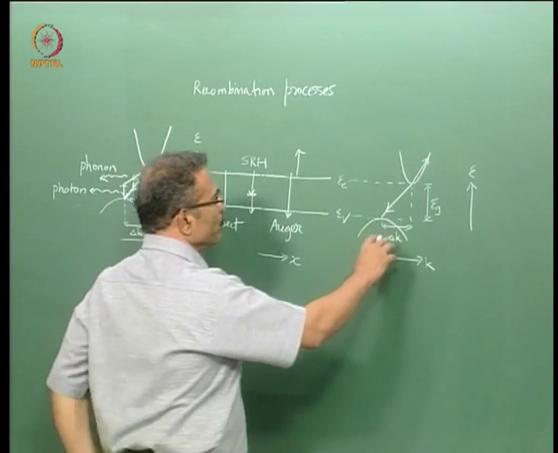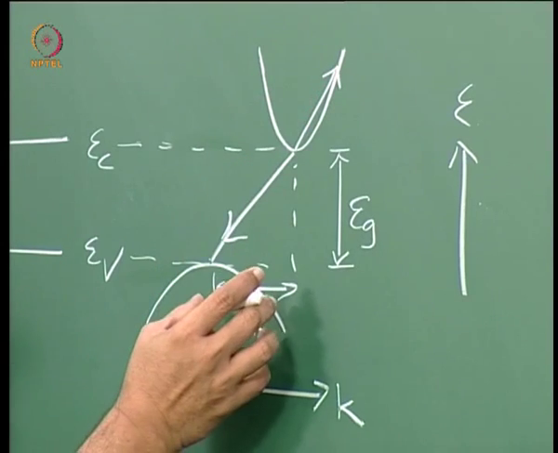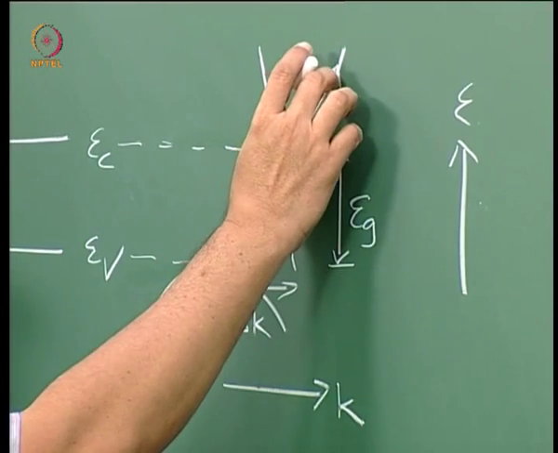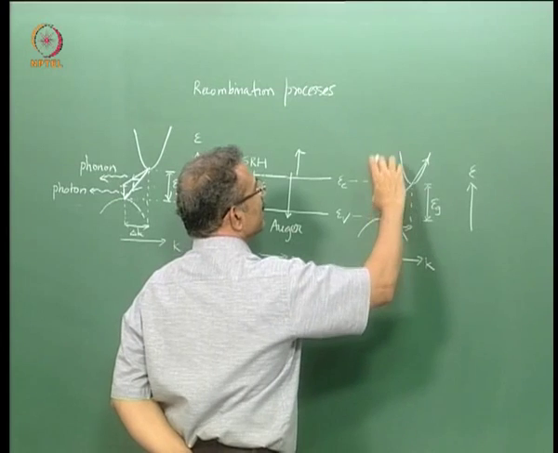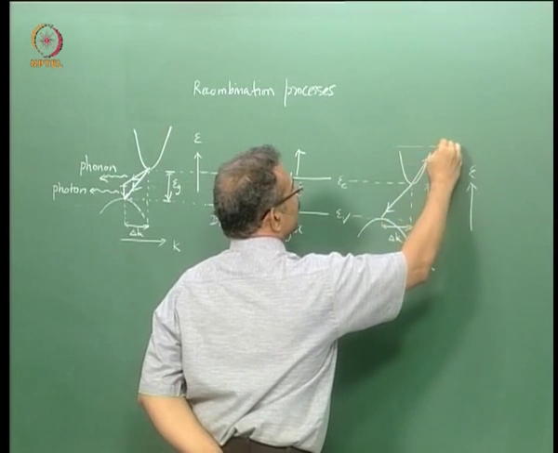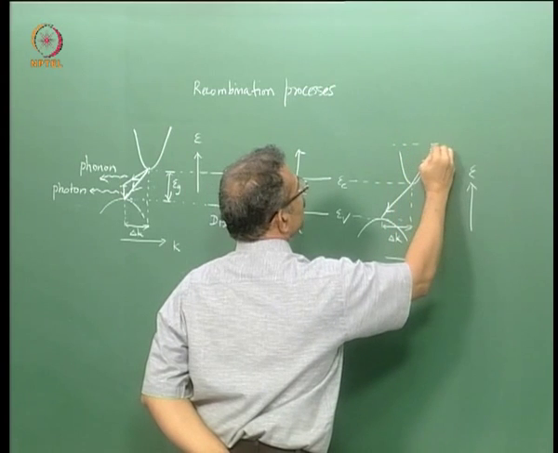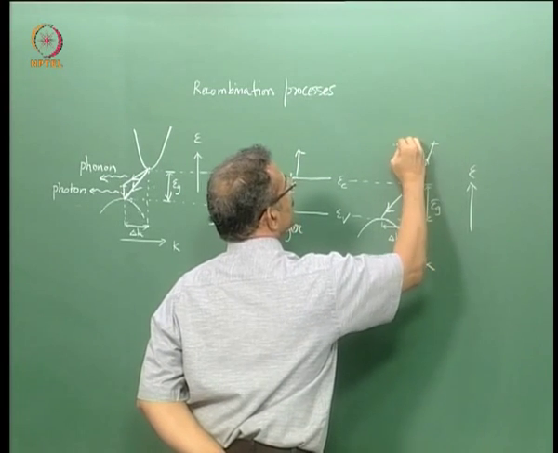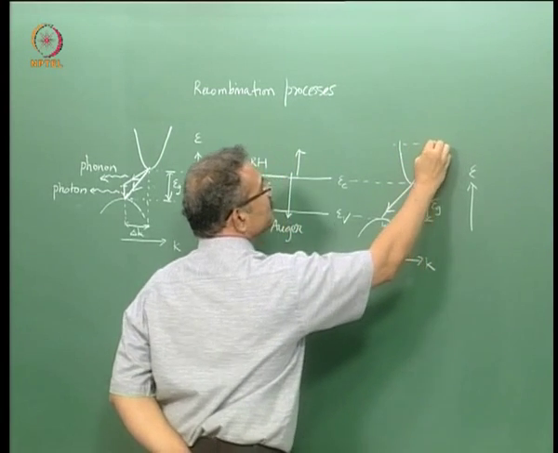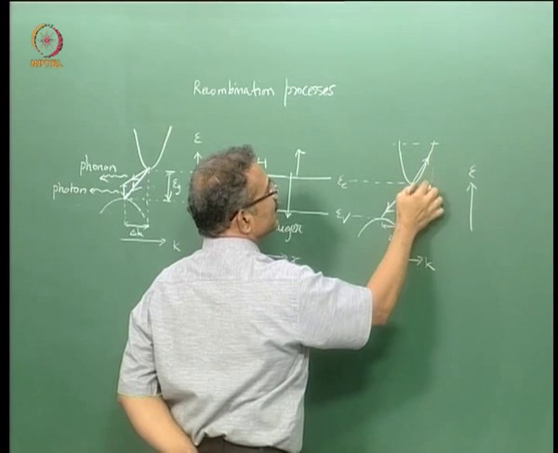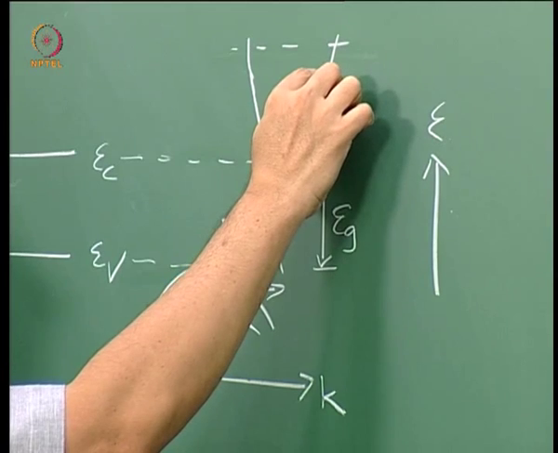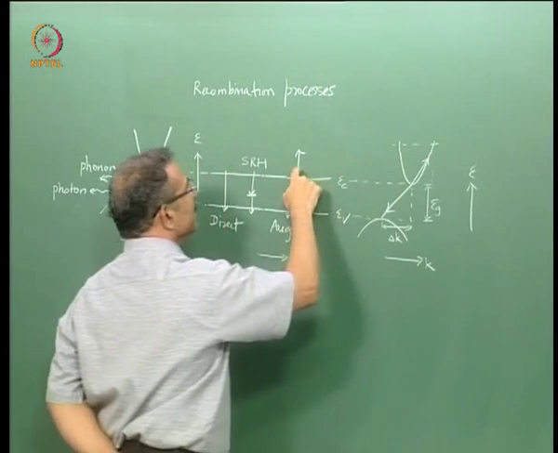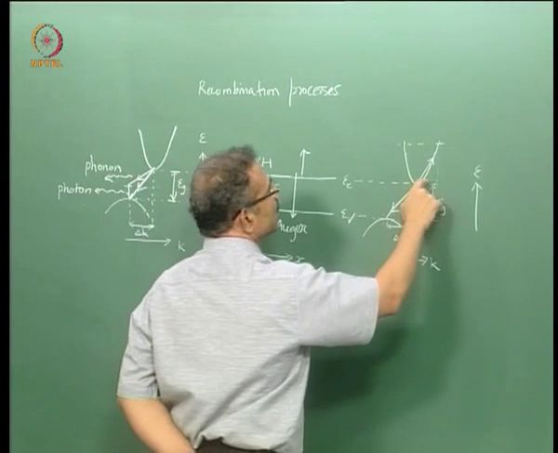If I really want to know what will be the momentum of this electron that has an energy Eg, I should take this energy interval and place it here and draw a line like this, and then I will get this point, and this difference would be the momentum of this conduction electron, okay, which is taking away the energy and momentum of this recombining electron.